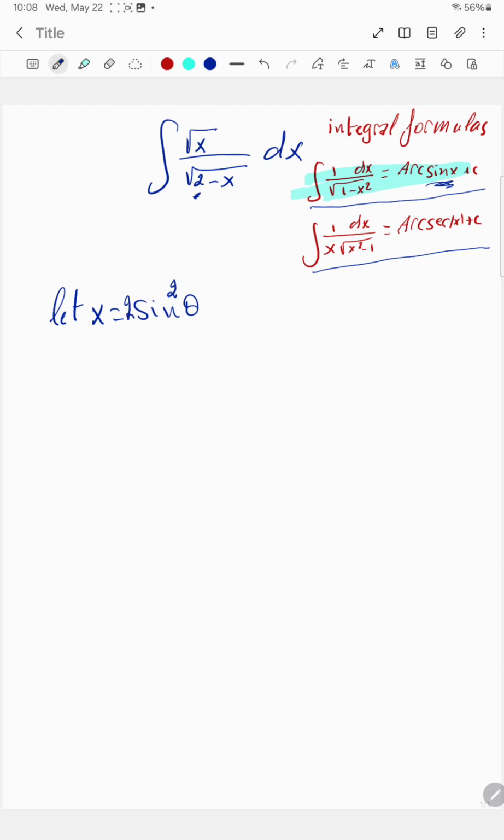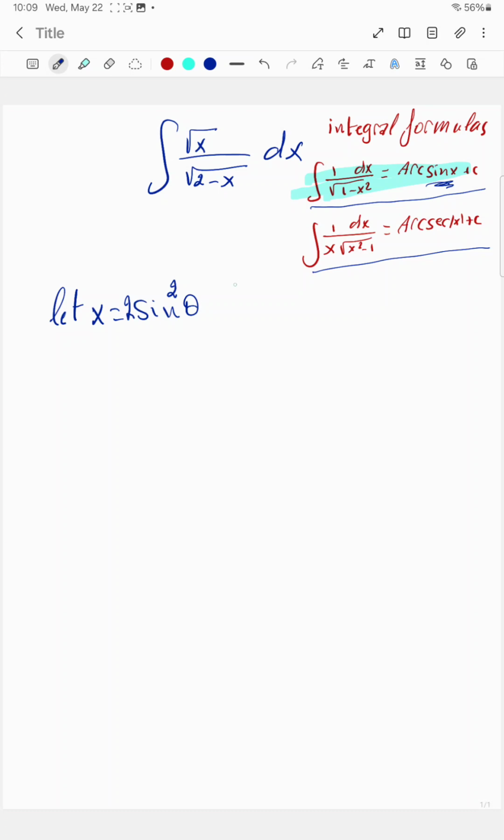So if I let x equal 2 sine squared of theta, I would have square root of 2 minus 2 sine squared of theta. Here I can factor out the 2: square root of 2, and then 1 minus sine squared of theta, which is 1 minus x squared. So this is how you should think when there is a tough problem like this one, and this is how I came to choose x as 2 sine squared of theta.